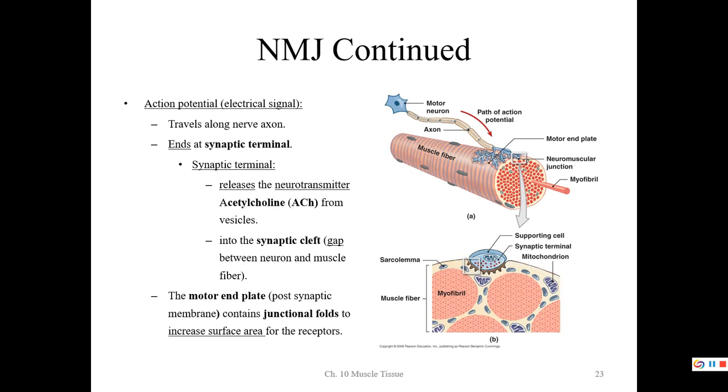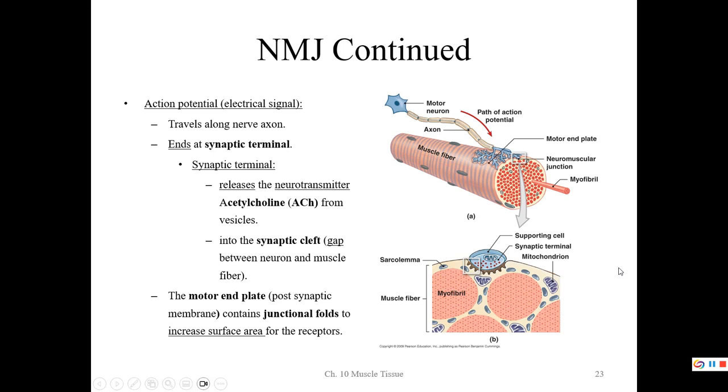Okay, so imagine this axon, this neuron has an electrical signal traveling down the axon. It gets to the end, and there are synaptic terminals. The synaptic terminal is the place where the neurotransmitters are. And we're going to see that this neurotransmitter is called acetylcholine. Okay, acetylcholine.